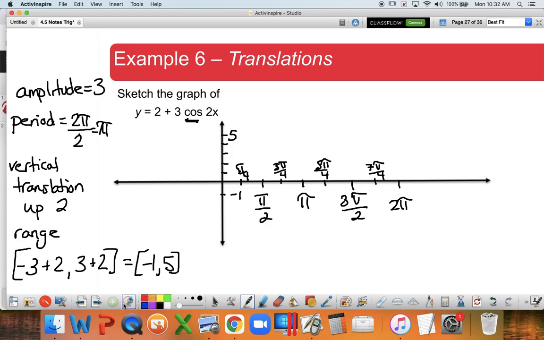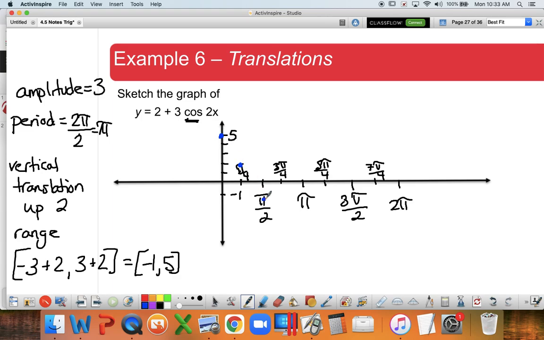So cosine starts up high or low, depending on if it's been reflected. And then I've got to figure out what is halfway between -1 and 5. Well, 5 plus -1 is 4, divided by 2 is 2. So my average, my halfway point is right there at the point 2.